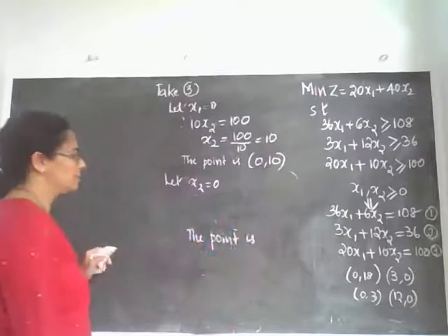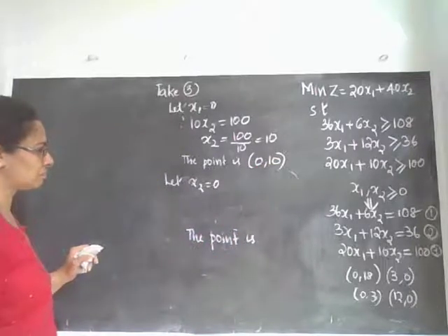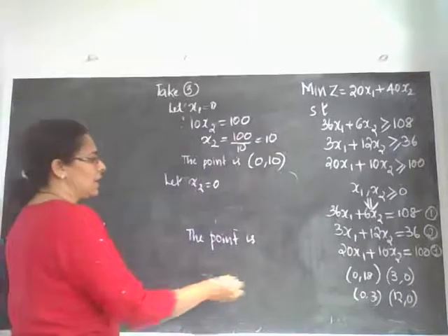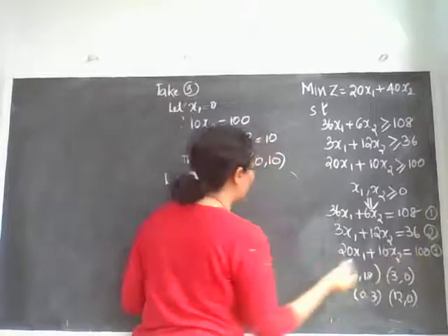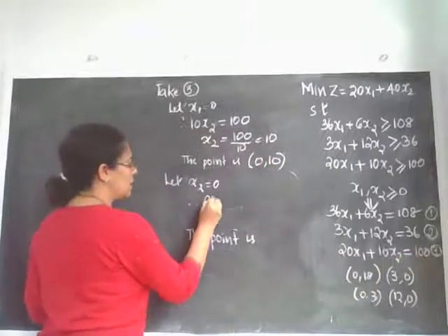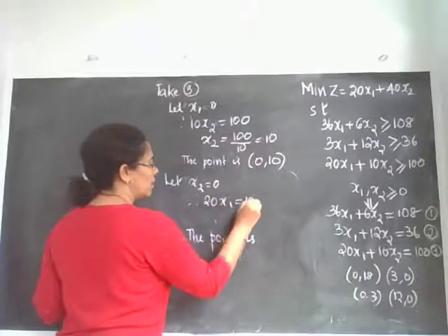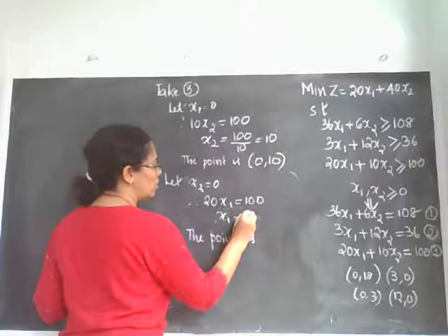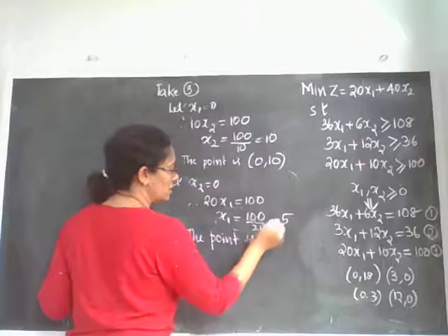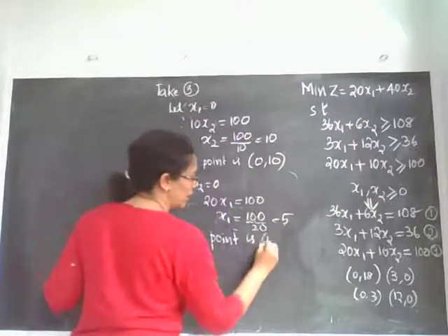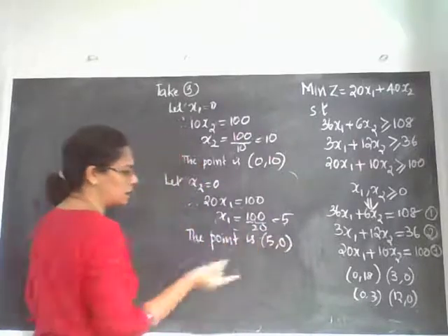Now let x2 be 0, so 20x1 equal to 100. Therefore x1 equal to 100 divided by 20, which is equal to 5. So the point is 5, 0.